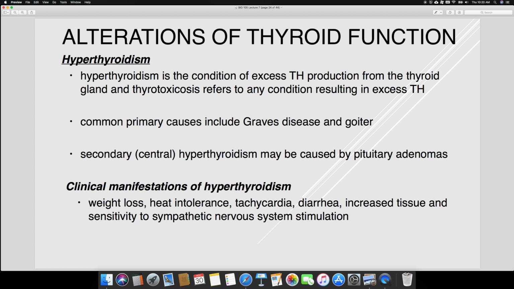So it would make sense that they're going to have weight loss because their basal metabolic rate will be higher. They're intolerant to heat because as metabolism increases, so does body heat. So any extra heat can be very uncomfortable. Tachycardia, obviously, diarrhea. All of this makes sense. And again, this is really regardless of cause. You're going to see this in pretty much all cases of hyperthyroidism.